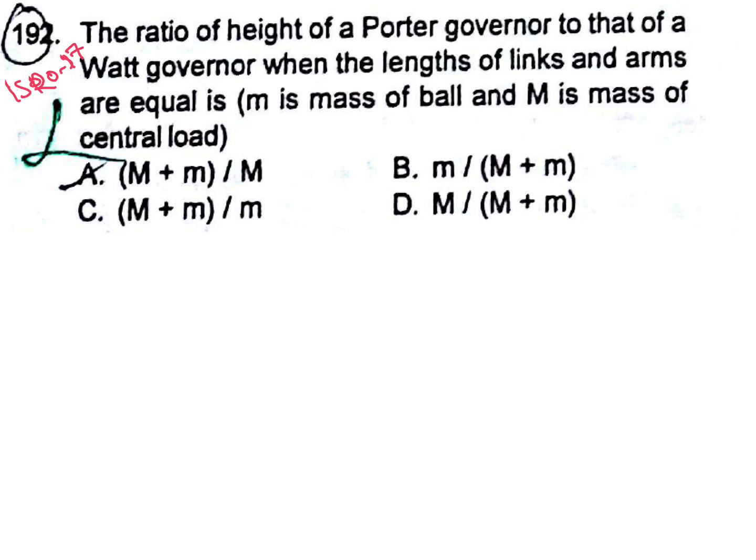The ratio of height of Potter governor to that of Watt governor when the length of links and arms are equal. Small m is the mass of ball and capital M is the mass of central load.